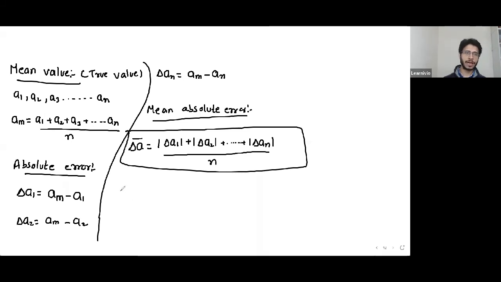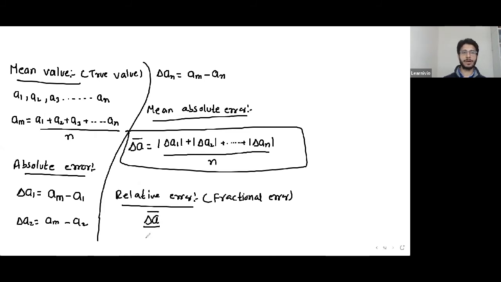After mean absolute error, you have another type of error which is known as relative error, also known as fractional error. Relative error is delta A bar divided by mean value.